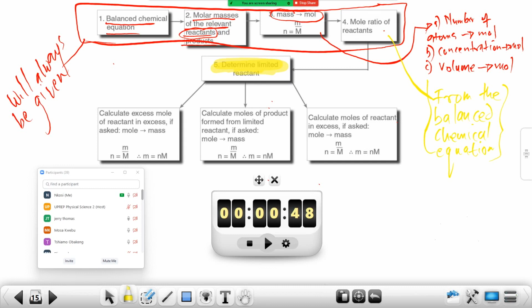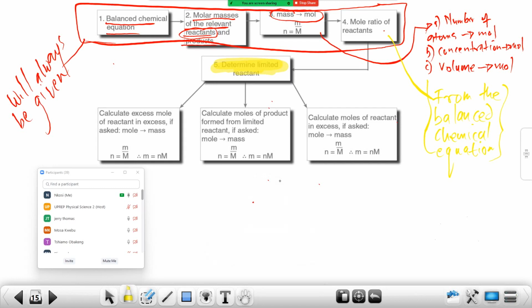Okay, sir. Teacher, I'm a little bit confused because I've done these stoichiometric calculations before. So in other words, you're trying to say that if you want moles of one substance from another, on the product or on the reactant side, you must use the mole ratio. 100%.